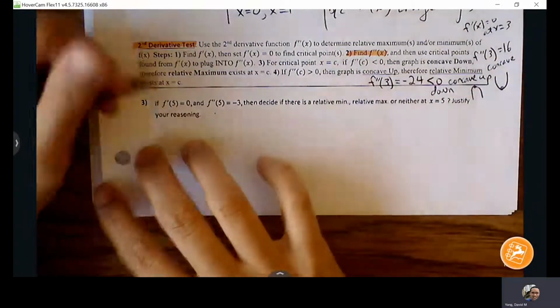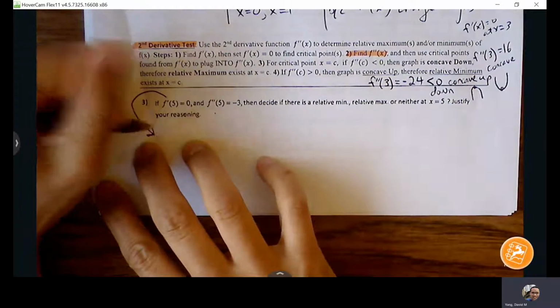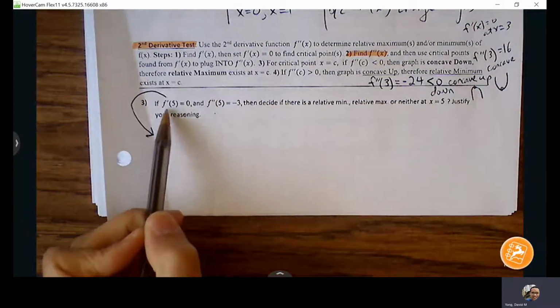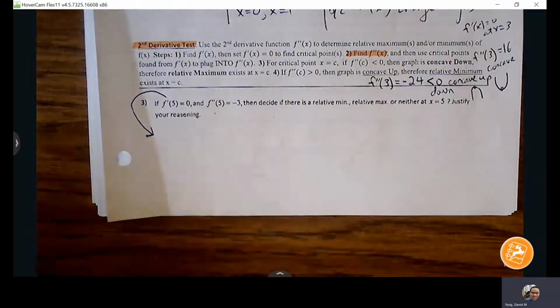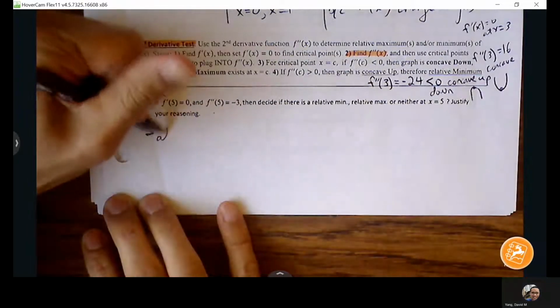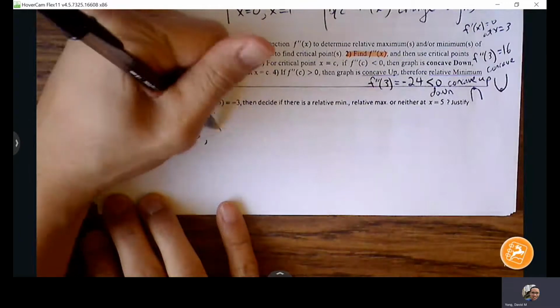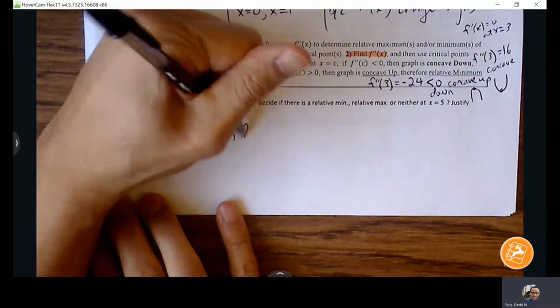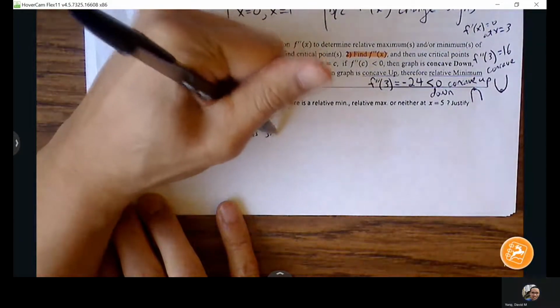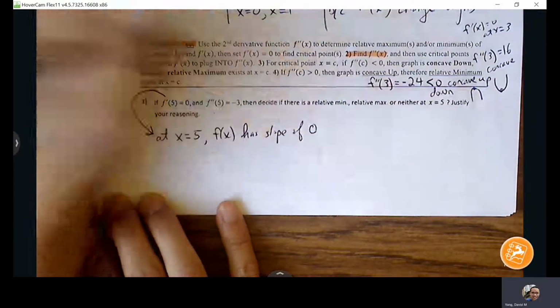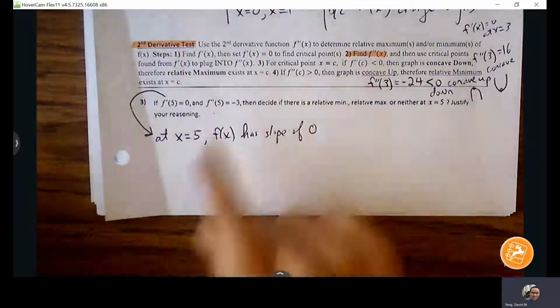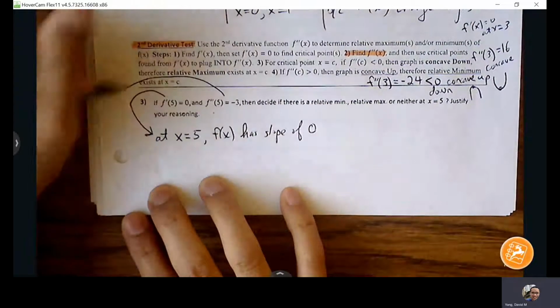Let's see if we can interpret what this is saying. If f prime of 5 is equal to 0, what is that telling us? That means at x equals 5, f of x has a slope of 0. Now let's look at the second statement.